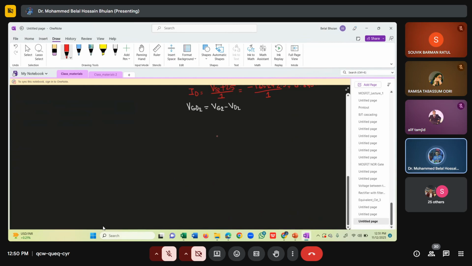So for M1, ID equals 0.848 milliampere, so channel must be induced.